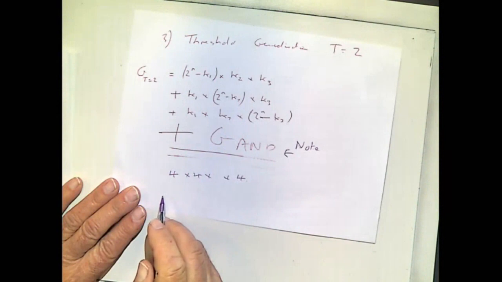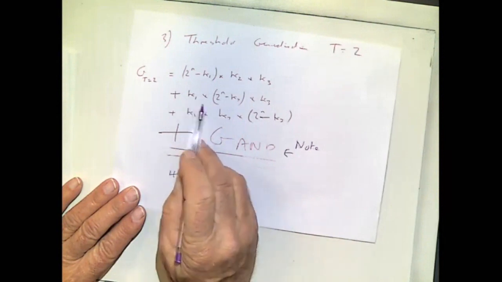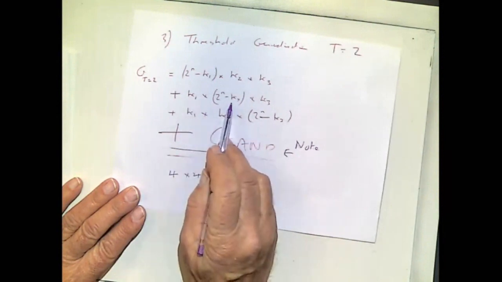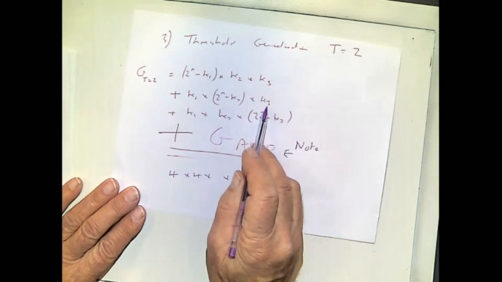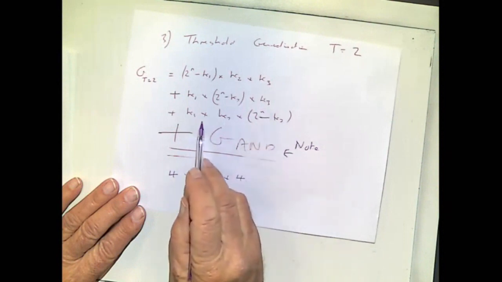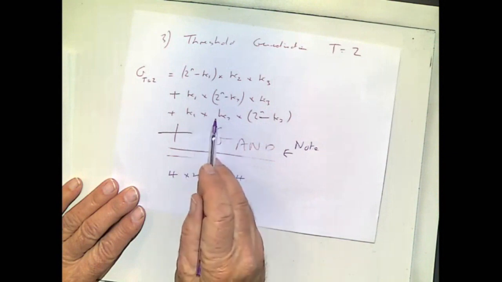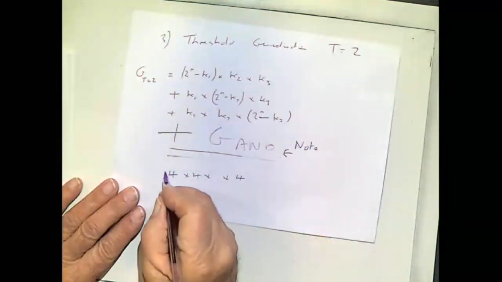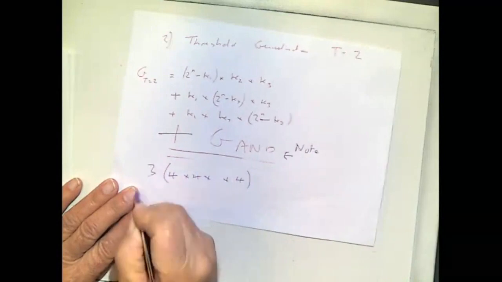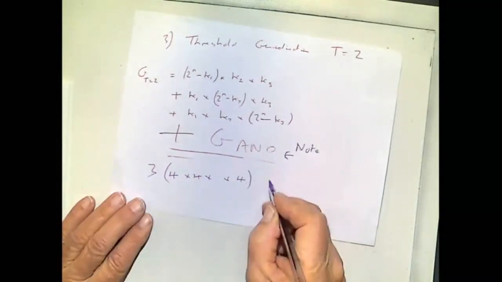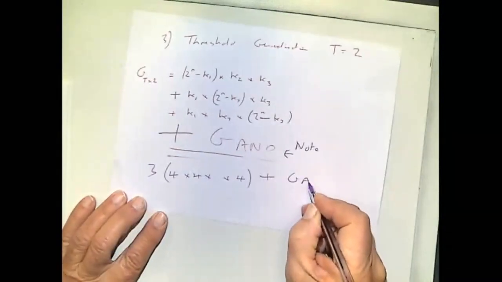You with me? 4 times 4 times 4. We're lucky. It's going to be easy to work out. Because the k's and the 2 to the n minus k is always 4. So in this case, it's going to be that times 3, plus G AND.